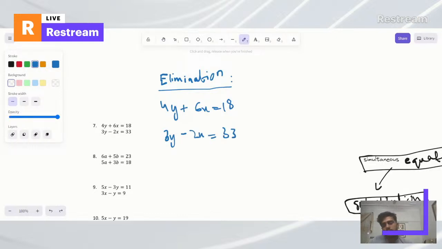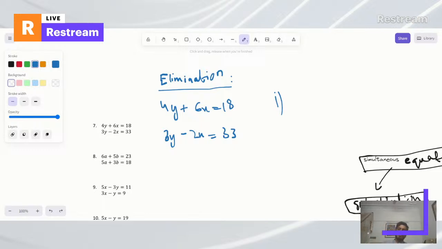Whenever you have two equations like these in the elimination method, the first part is to make any one variable equal. Let's say that I have 4y over here, so I essentially have to make this equal to this. So I find a common number between both of these.